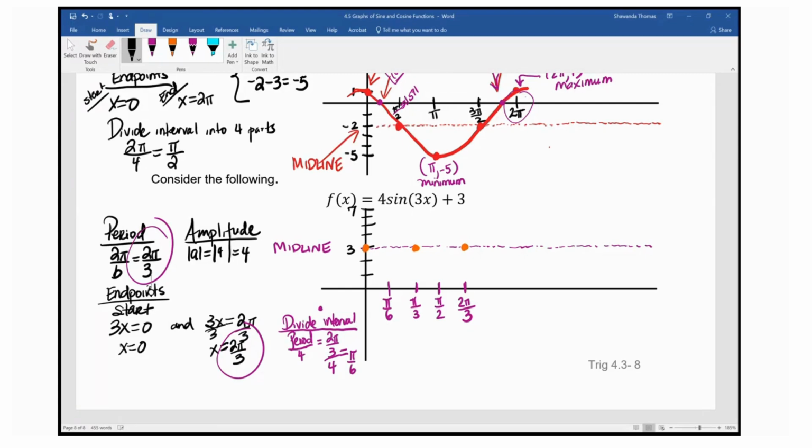And if we go down 1, 2, 3, 4, where are we? -1. Again, you could just start with 3, add 4, start with 3, subtract 4 to get these numbers, max and min.